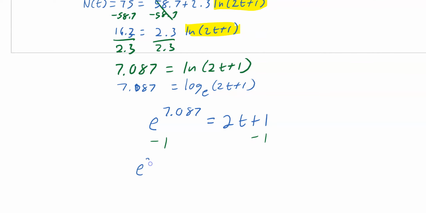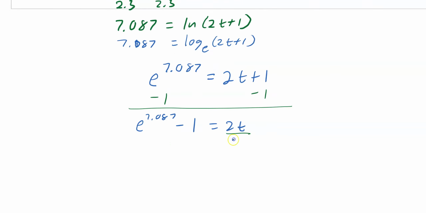So we end up with e to the 7.087 minus 1, and then we divide it by 2. And that would give us our t. So our t is equal to e to the 7.087 minus 1 all over 2.